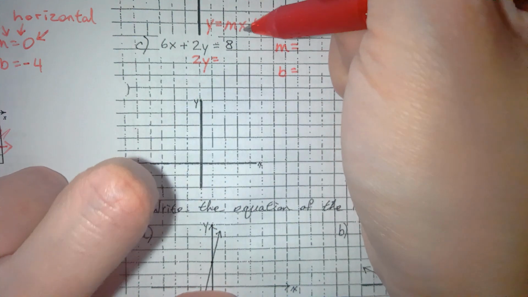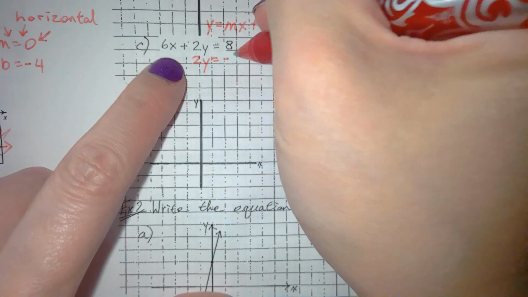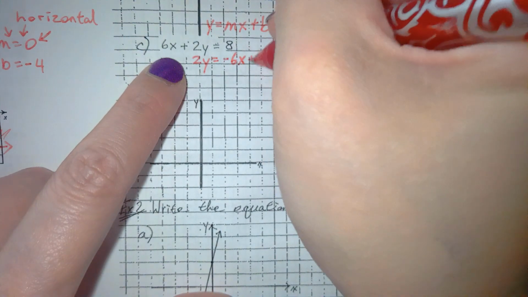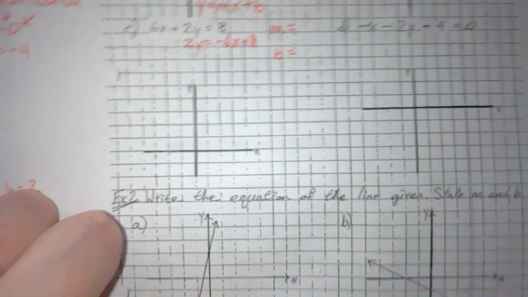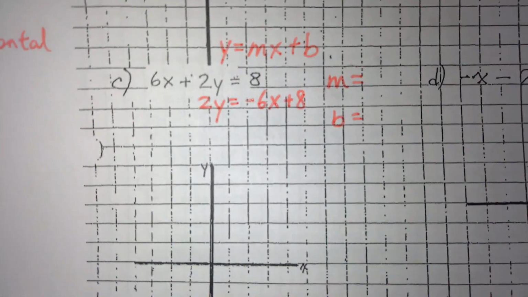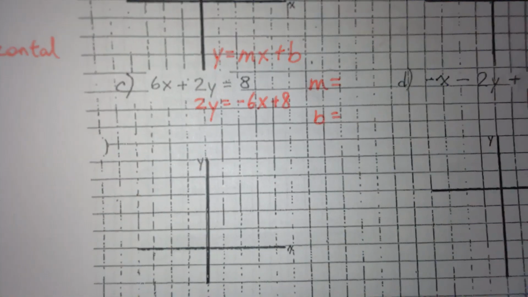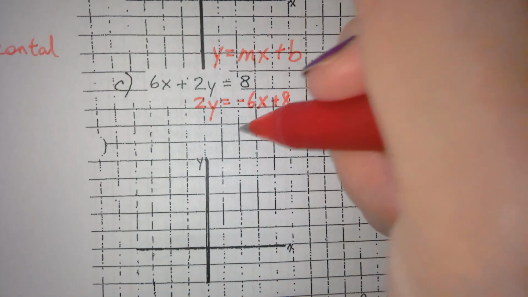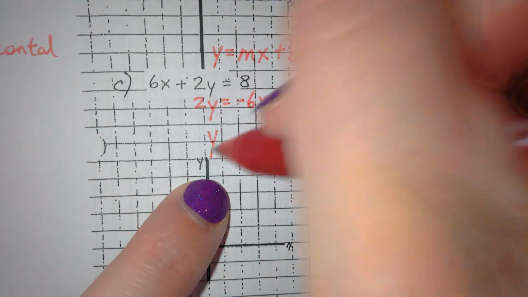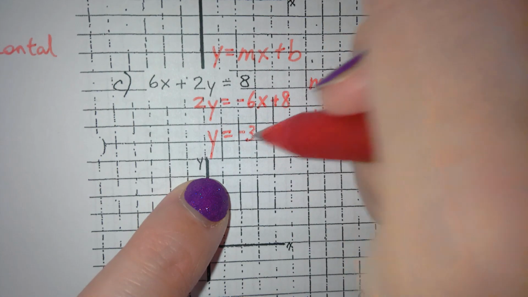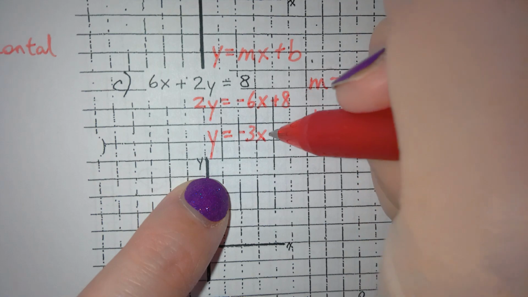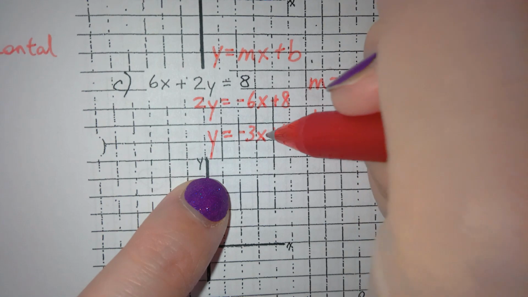But I want mx plus b form, so I'm actually going to put the x first. It doesn't matter technically, it will work both ways. But let's just say I kept it this way. And then I would divide everything by 2. So negative 6 divided by 2, negative 3. 8 divided by 2, plus 4.